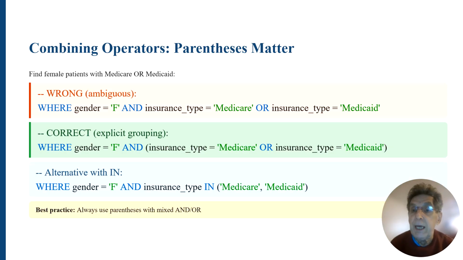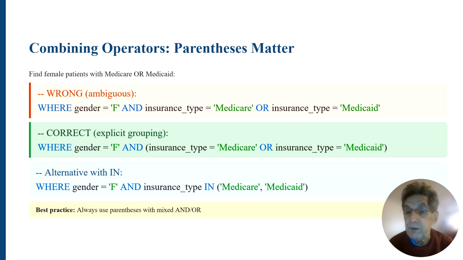When you mix AND and OR in the same WHERE clause, operator precedence becomes critical. AND is evaluated before the OR, just like multiplication before addition in math. If you look at the wrong example in red on the slide there, where gender equals F and insurance type equals Medicare or insurance type equals Medicaid, so what's going to happen?